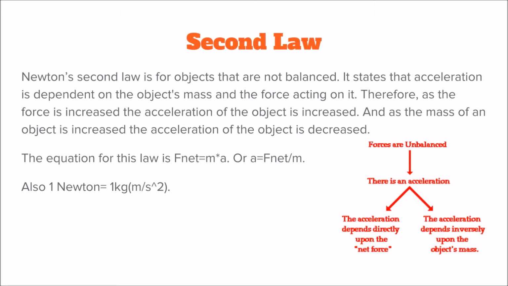From this, he derived two equations: net force equals mass times acceleration, or acceleration equals the net force divided by mass. And 1 Newton equals 1 kilogram times meters per second squared. So if forces are unbalanced, there's an acceleration, and the acceleration directly depends on the net force, and inversely depends upon the object's mass.